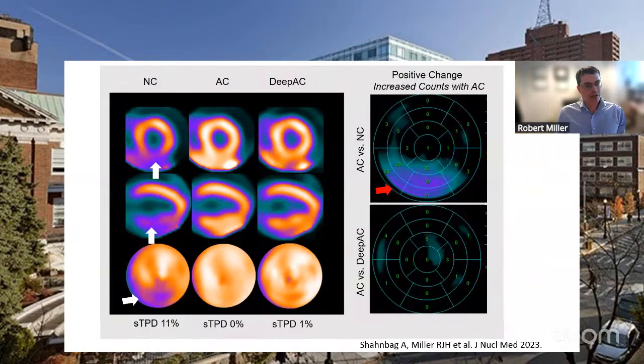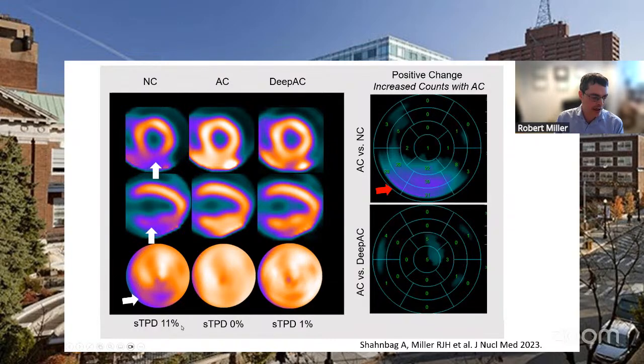So these are case examples from this study. What you can see here is NC is non-attenuation corrected, AC is the CT-based attenuation correction, and deep AC is the synthetic AC images. On the NC images, you see that there's a defect in the inferior wall that's relatively mild at the base, consistent with diaphragmatic attenuation. If you look at the AC and the deep AC images, you can see that they look very similar.